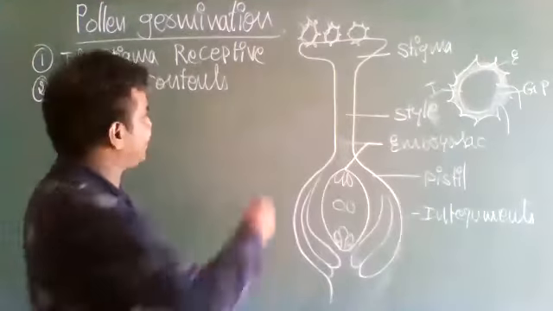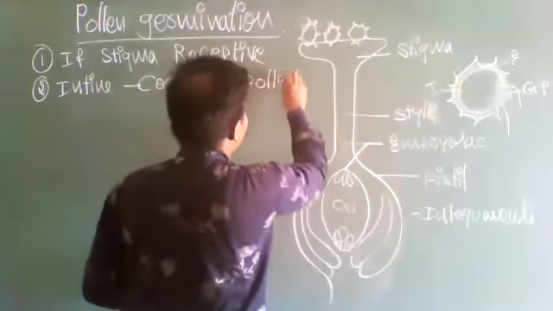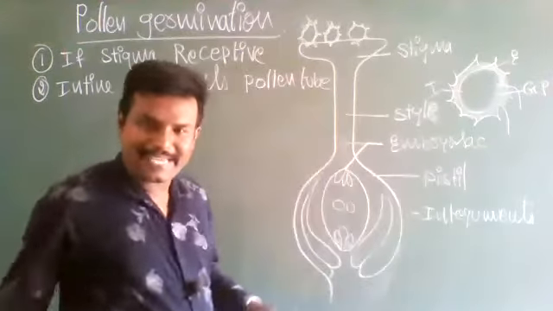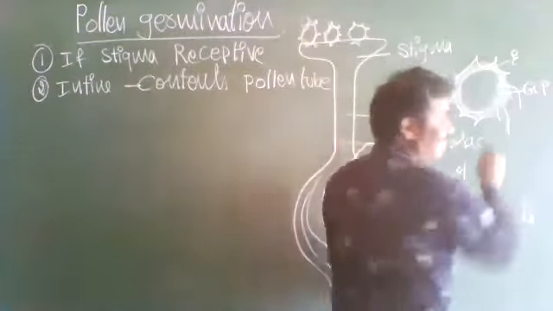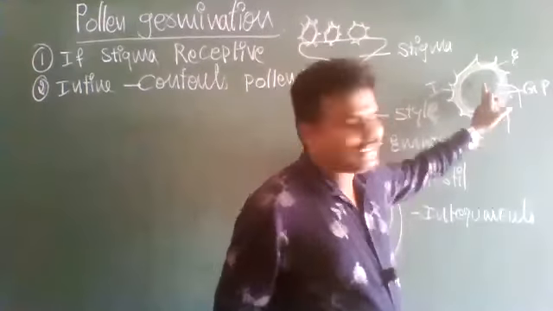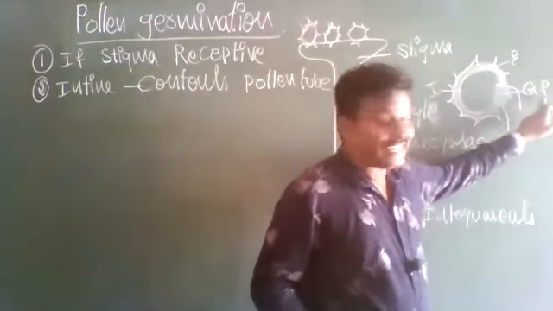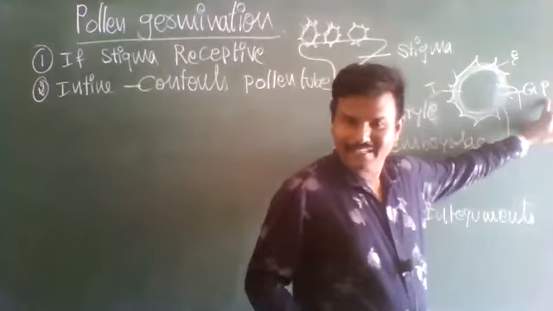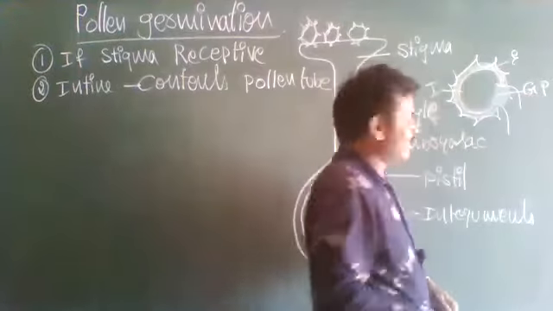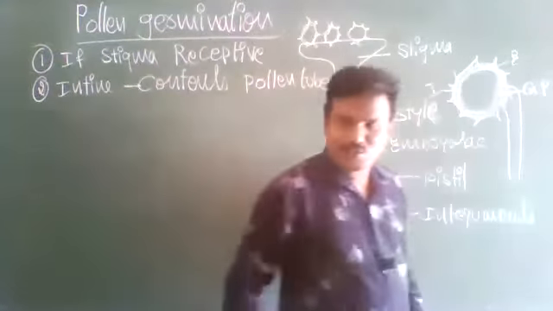That is called pollen tube. See, the inner thinnest part is intine. Intine along with its cytoplasmic contents comes out from the germ pore. This is called pollen tube.